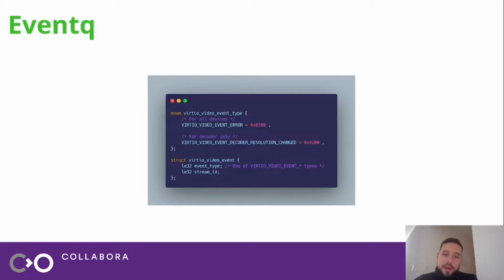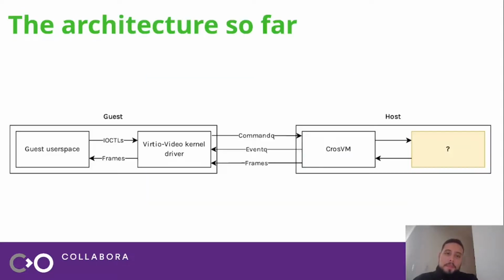For now, we have event resolution changed, which is when a decoder is processing the data and it notices that the resolution has changed midstream, so it issues this event in order to let the guest know, so that the guest may ask, for instance, for some new buffers for the new resolution.